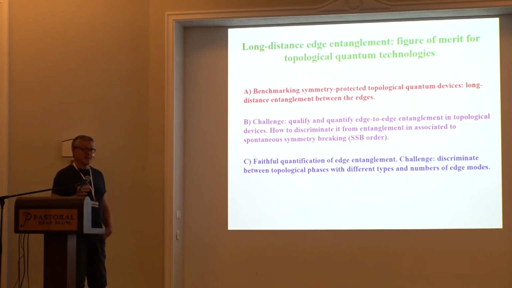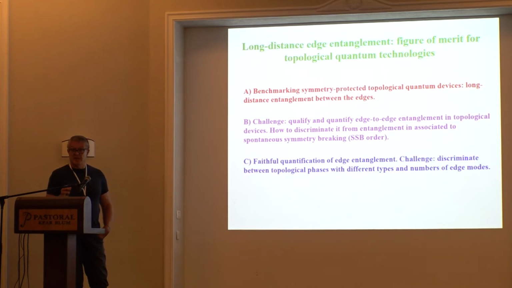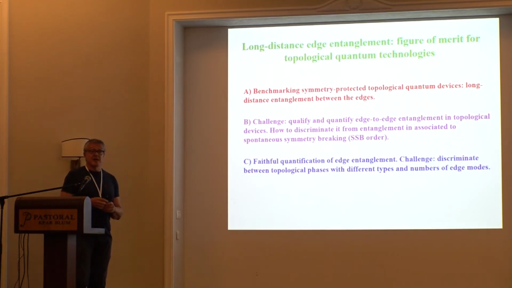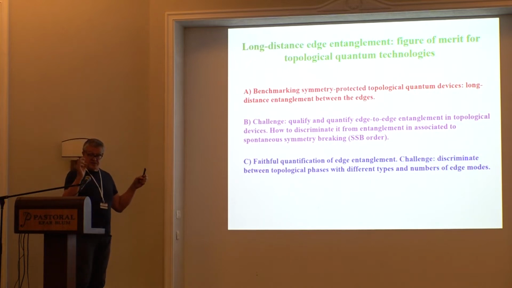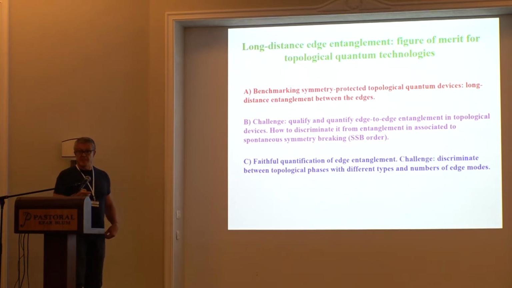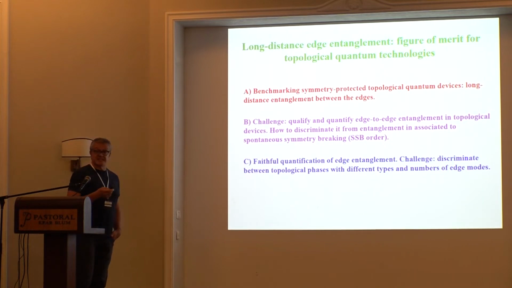Actually the non-locality of the ground state of these systems is witnessed by the presence of this highly non-trivial entanglement between separate parts of the systems. And this is where this idea of going beyond block entropy, von Neumann entropy, sets in.